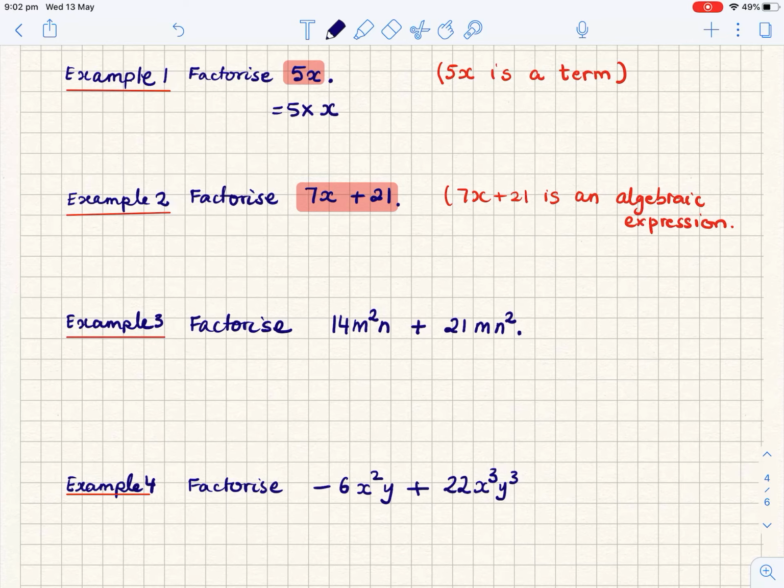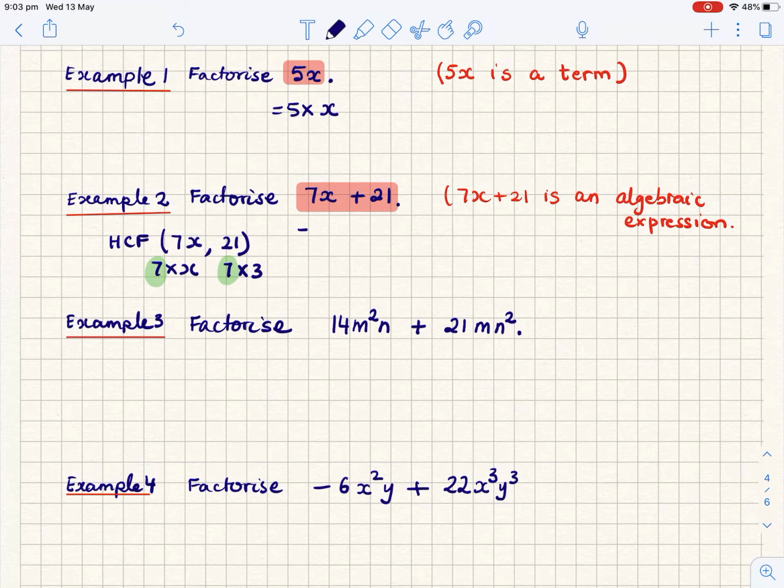Now, highest common factor of 7x and 21. If you look at the factors of 7x, 7 times x, and factors of 21, I can write 7 times 3. So the highest common factor is 7.